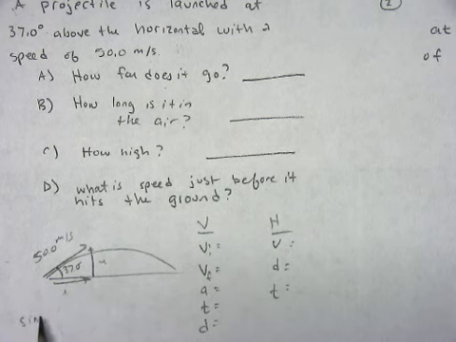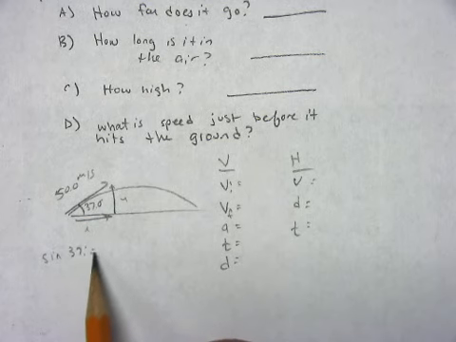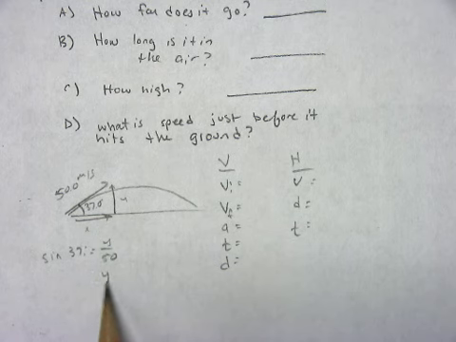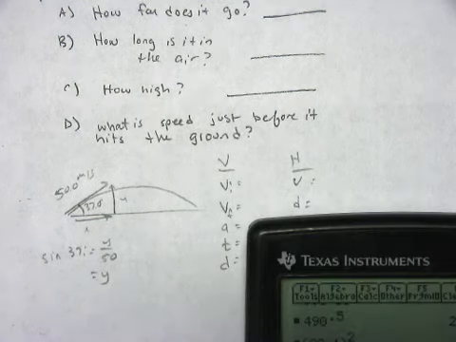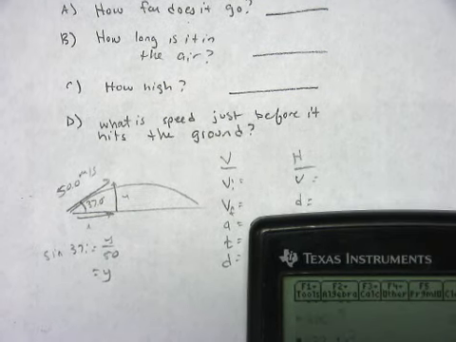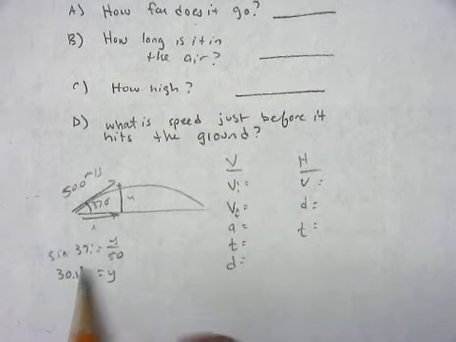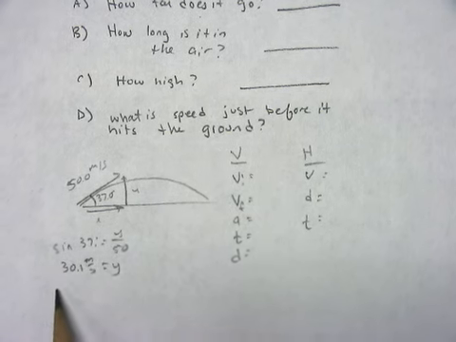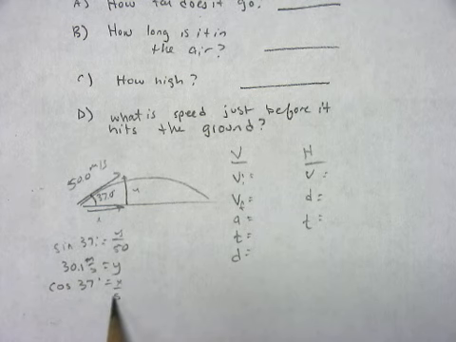So I'll say the sine of 37 degrees is equal to y over 50. So y, I take 50 times the sine of 37, is 30.1 meters per second. Now I'll use the cosine of 37 degrees, which is equal to x over 50.